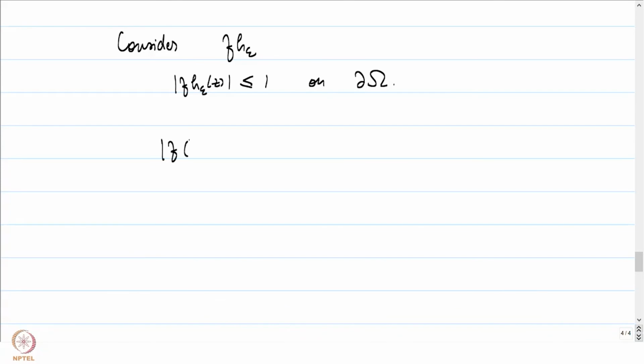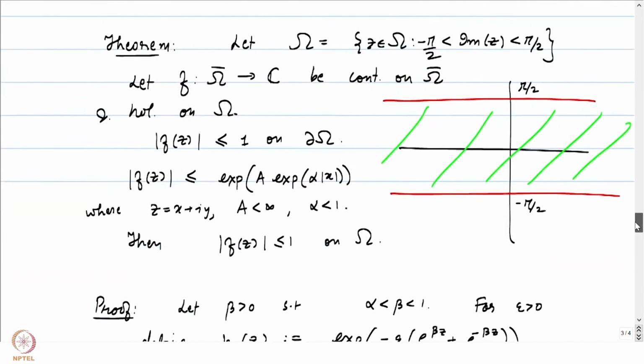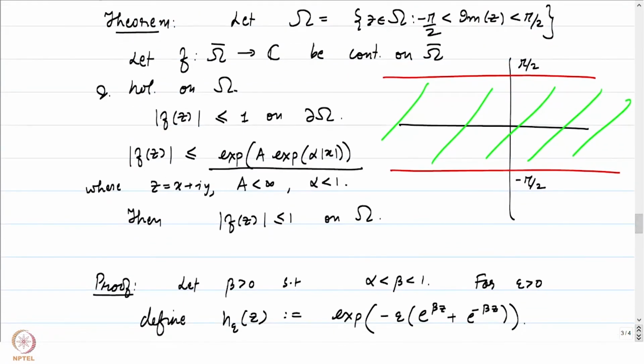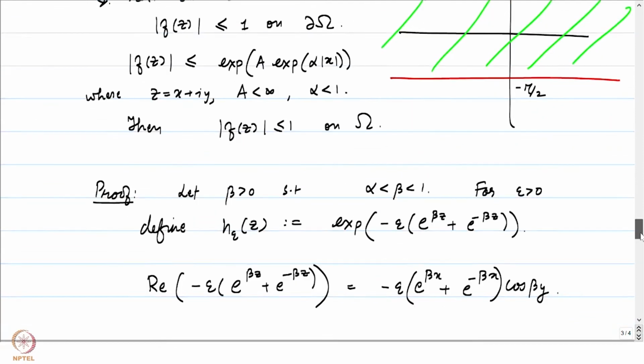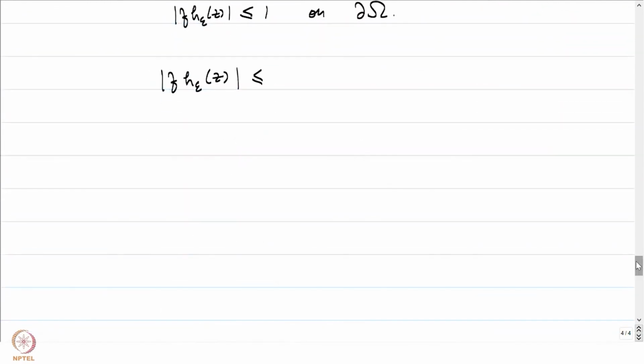We know that f has a growth condition. So in particular, we have that the absolute value of f h epsilon of z is going to be less than or equal to the absolute value of f of z, which we have bounded by this particular quantity, the exponential of a into e to the power alpha times mod x. And what about h epsilon?